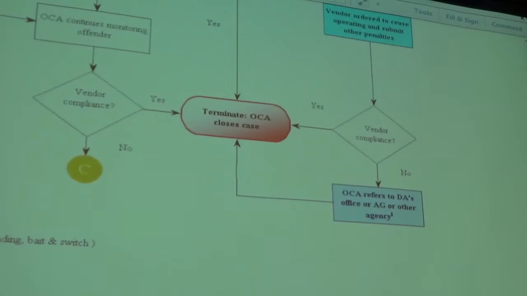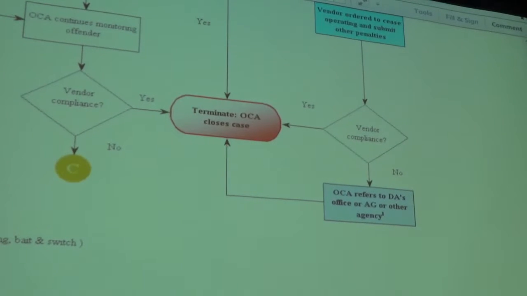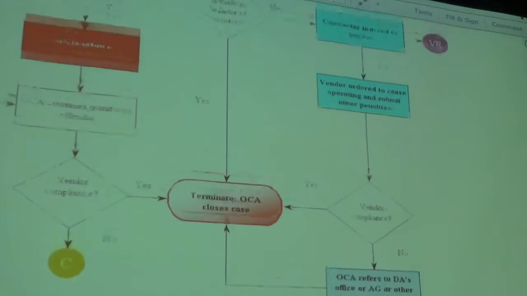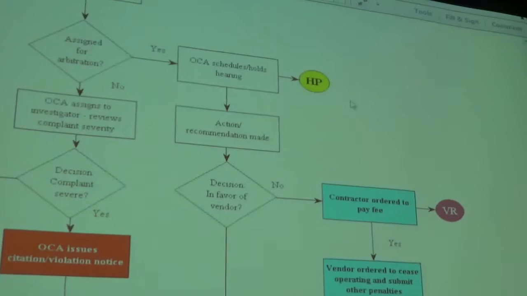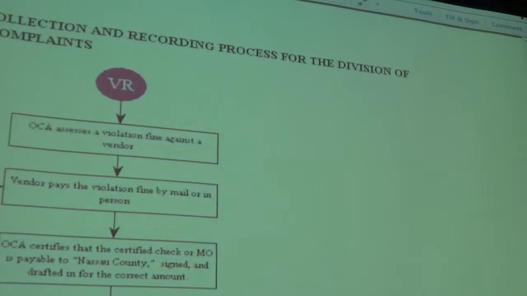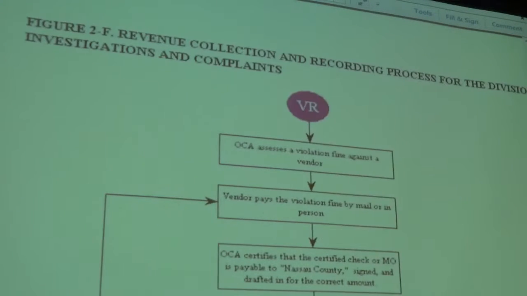Again, those processes are not mapped because that's outside of the scope of the agency. What is mapped, though, is the hearing process and the revenue process. So here's the revenue process.